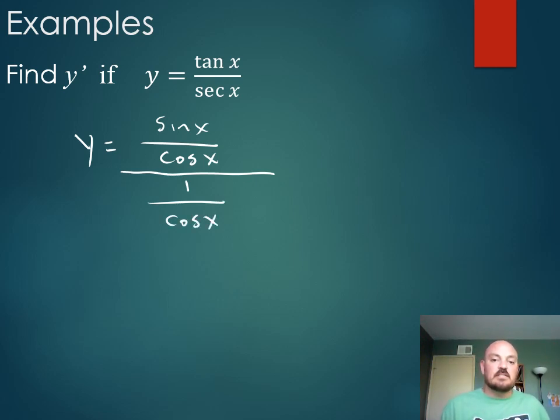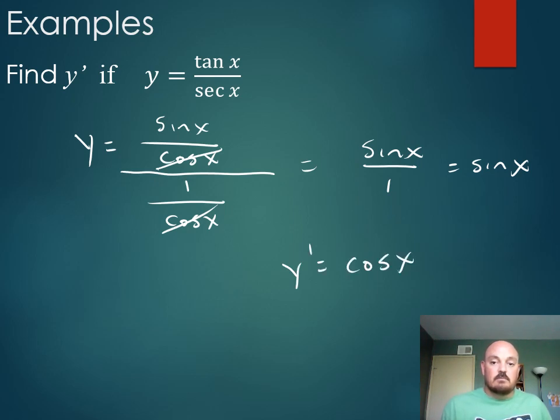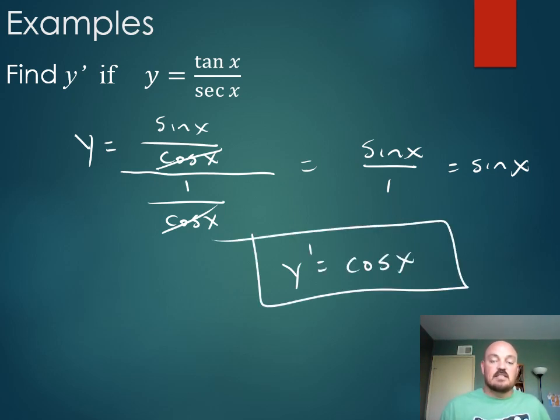And what happens here is, since those denominators are the same, they cancel each other out. This is sine x over 1, or just sine x. And if y equals sine x, then the derivative is cosine x, and it's that simple. So basically, that's our answer.